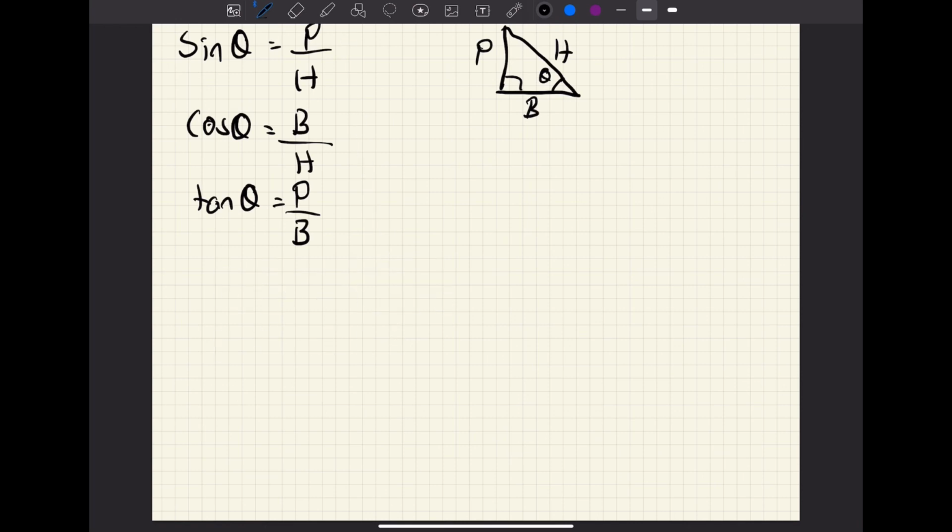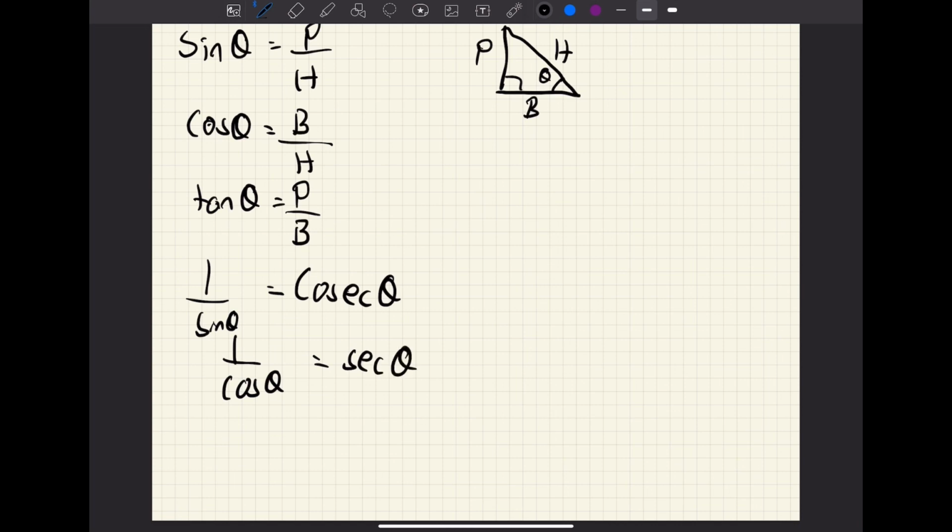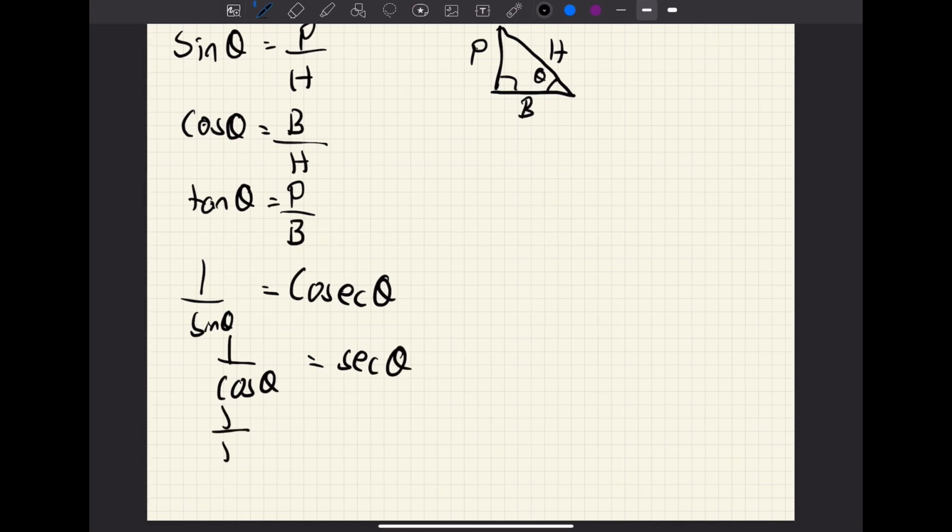So let's cover them. 1 over sine theta is equal to cosecant theta, right? 1 over cos theta, memorize this one, is equal to secant theta. And 1 over tan theta is equal to cotangent theta.